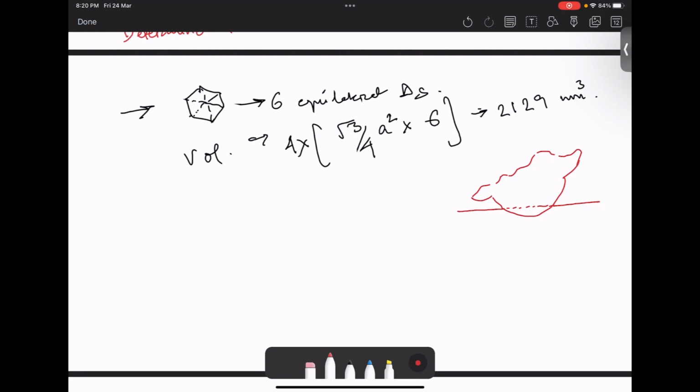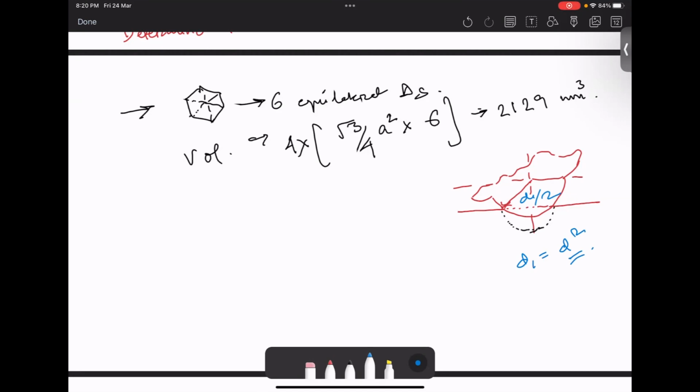Let's suppose this be the radius of the particular plane, and it is d1 by 2. So that is the indent in the workpiece this way, and your d1 actually is proportional to D squared, which is the actual dia of the grain.